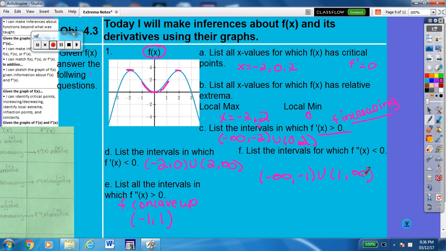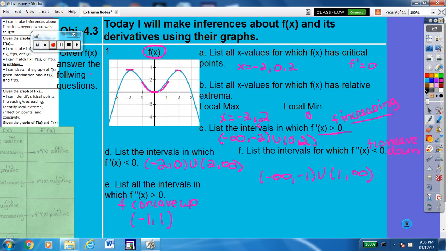So that would be concave down. Again, when the second derivative is negative, this means f is concave down. It's going to be really important for these problems that you understand the relationship, and it really is all listed in that little chart that we made in class.